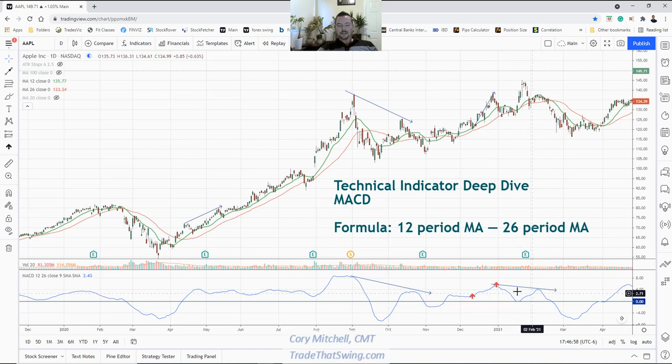So this divergence was interesting to me because by this point, once we start to see it, we've had a new swing high here. This high compared to this high. Nice swing high, but this MACD didn't have enough time to really get any separation there.